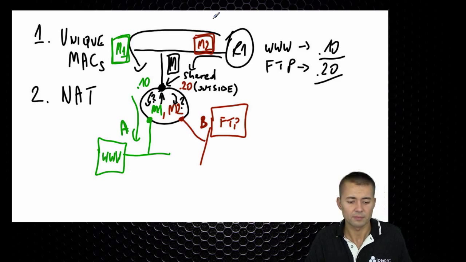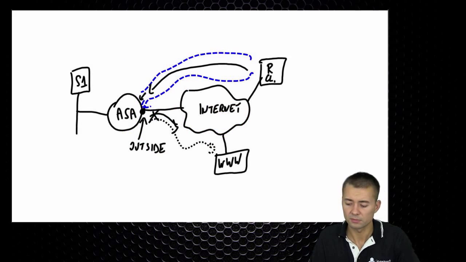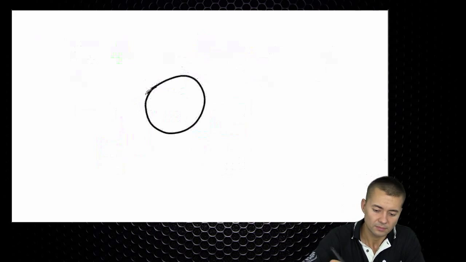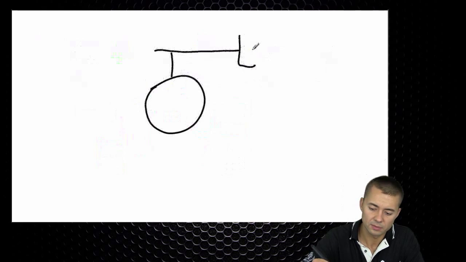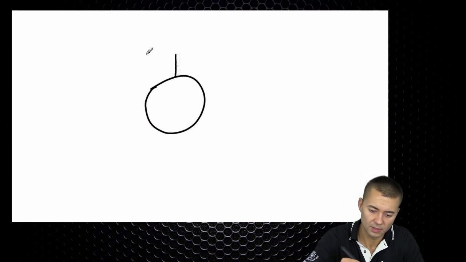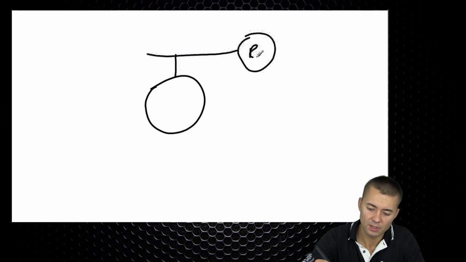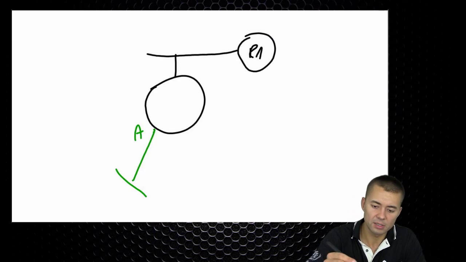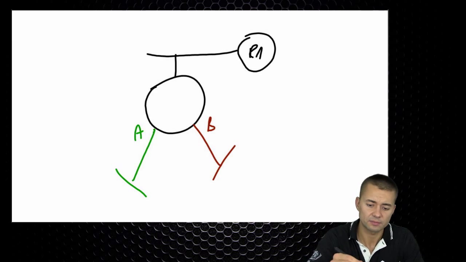Now another method is going to be to use, as I mentioned, network address translation. So we're going to have the same topology here, just one ASA and two contexts, A and B. But this time, the MAC address is still the same in both.